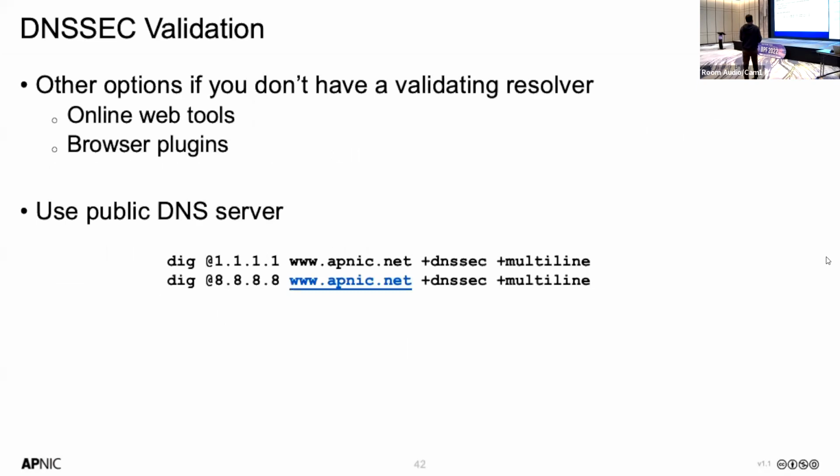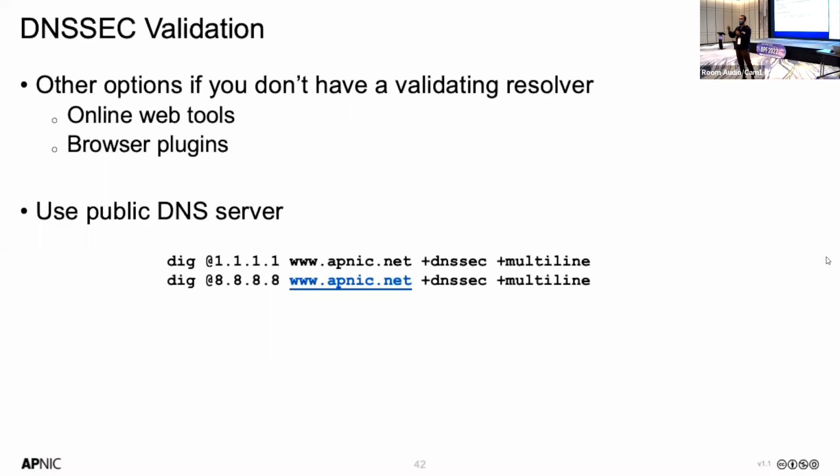Now, what if your recursive resolver doesn't support DNSSEC validation or is not configured with the DNSSEC validation on? What can you actually do? So you can do some online web checks, using some online tools, to see whether the domain that you would like to access has some authenticated information or whether it is authentic or not. Or you can use your browser plugin.